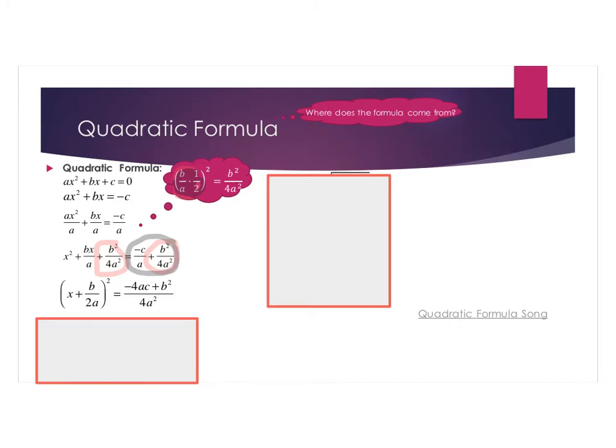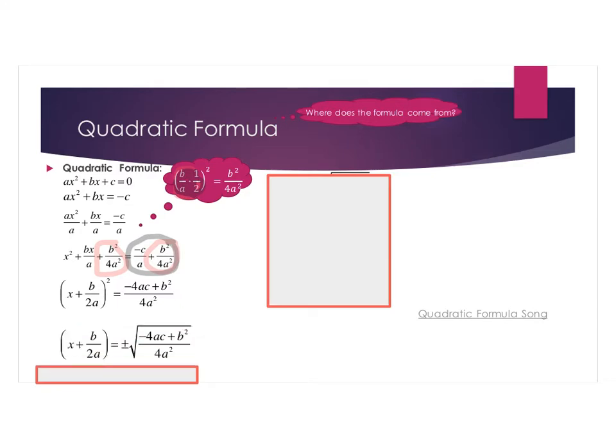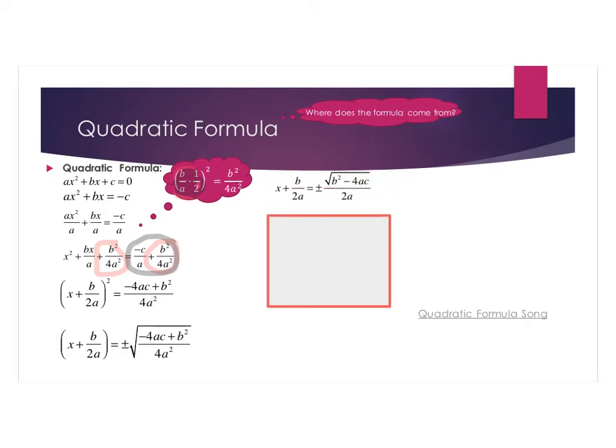Okay, now remember, to solve by completing the square, the next step is to square root both sides. And when I square root the right side, I have to include that plus or minus. We simplified the square root.